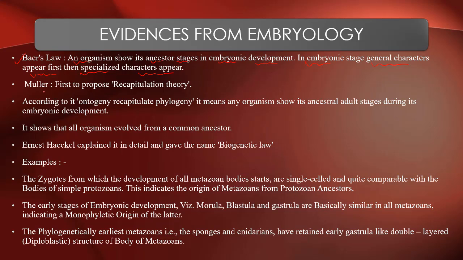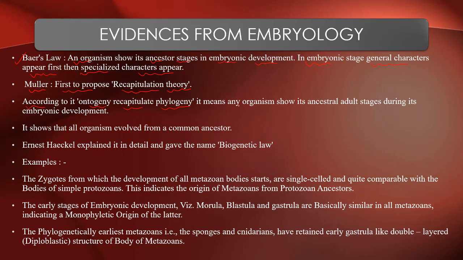Muller was the first to propose the recapitulation theory: ontogeny recapitulates phylogeny. The word phylogeny comes from phylogenetic characters, and ontogeny means the embryological development.